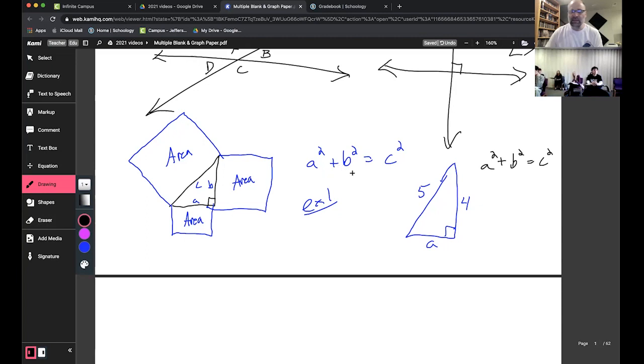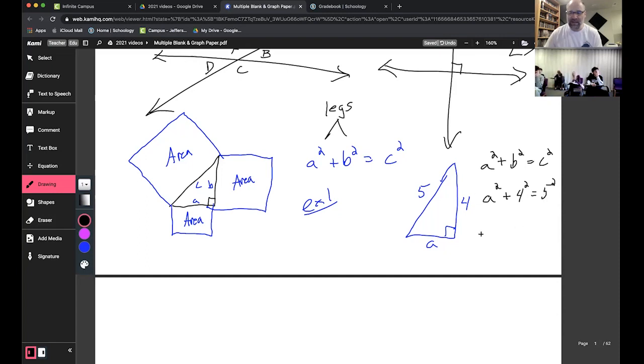Now A and B are interchangeable, because these are just the legs, so it doesn't matter which one goes with A and which goes with B. Since we called this A, here's our B, the other leg. So A squared plus 4 squared has to equal 5 squared.